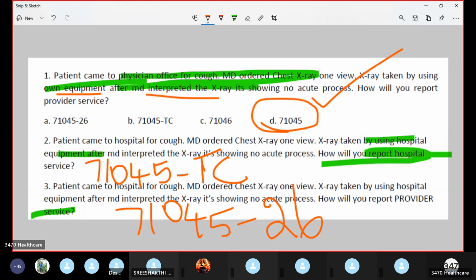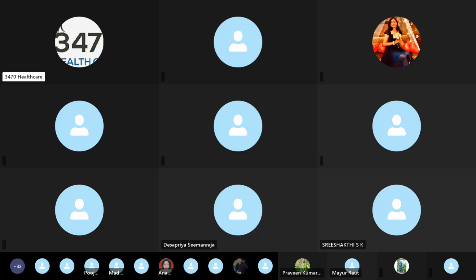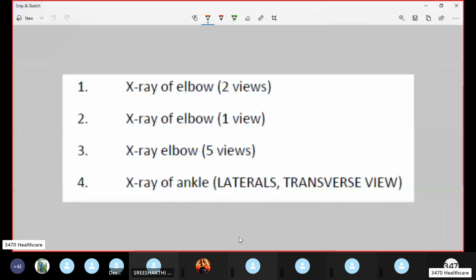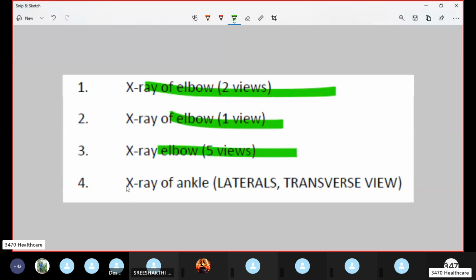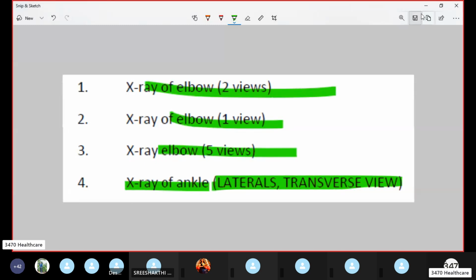Everyone clear? Guys, clear, right? So X-ray of elbow 2 views, X-ray of elbow 1 view, X-ray of elbow 5 views, X-ray of ankle lateral and transverse view.